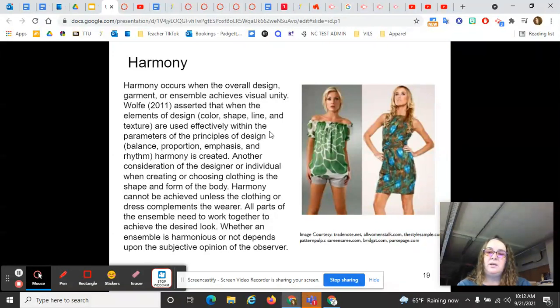What you also need to understand is harmony is subjective. What that means is what you find harmonious, someone else may not. And you've got to listen to what the client wants, make recommendations, and then work together to make it the achieved harmony of that outfit.